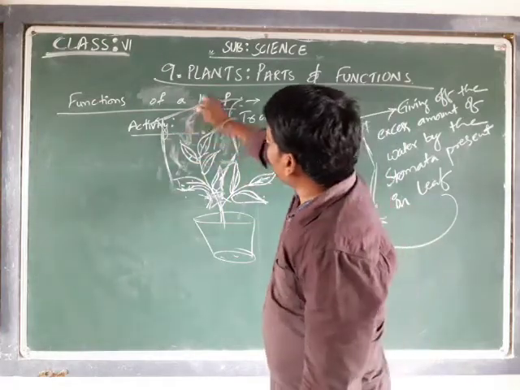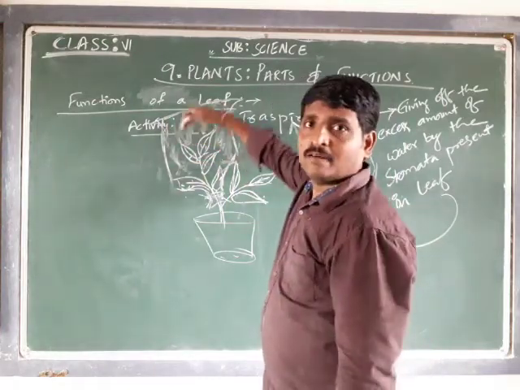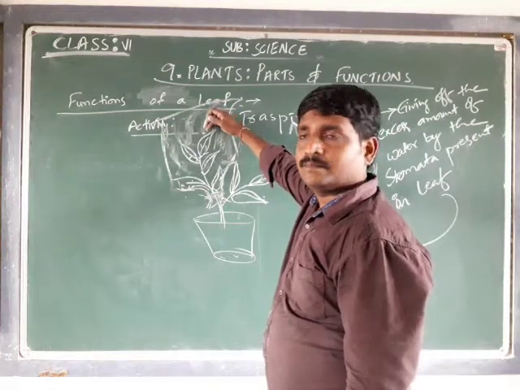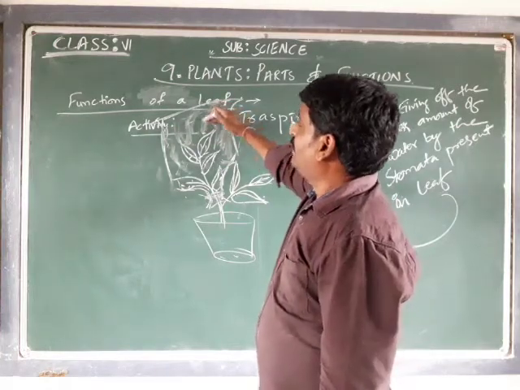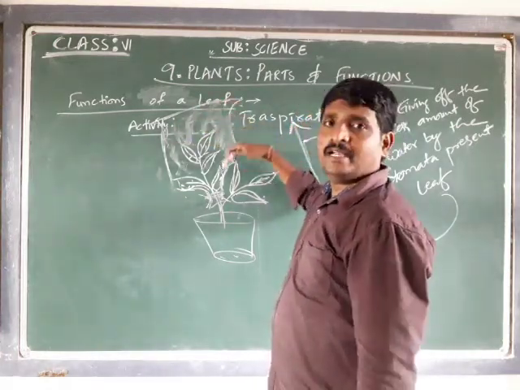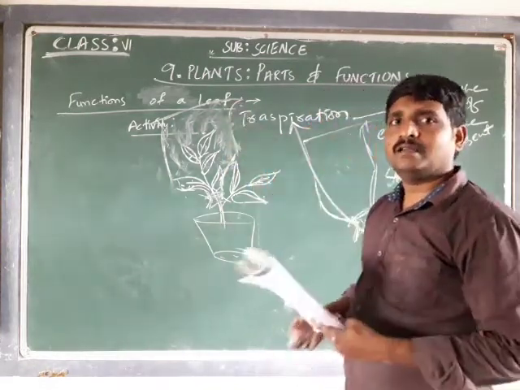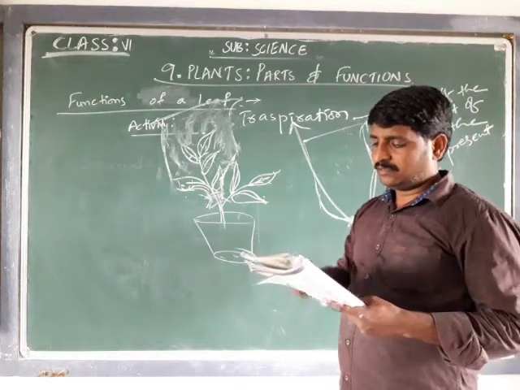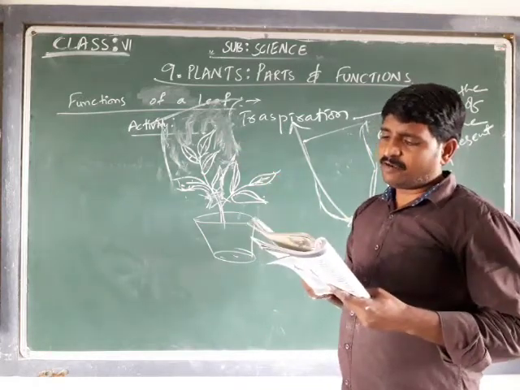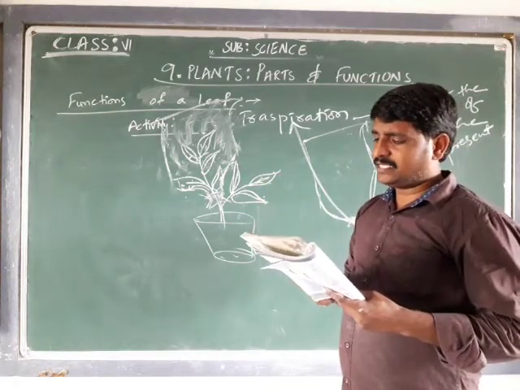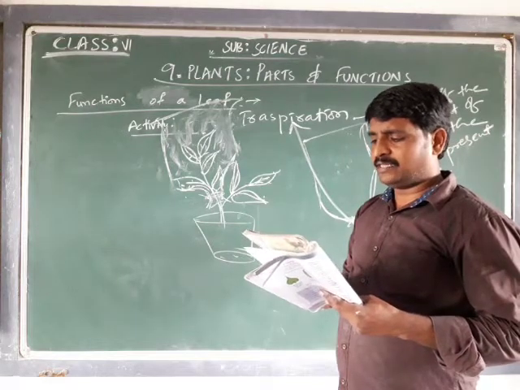It comes out as water vapor from the stomata of the leaf, and after it hits the inner surface of the polythene bag, it condenses there. This water vapor condenses and is seen as droplets in the polythene bag.